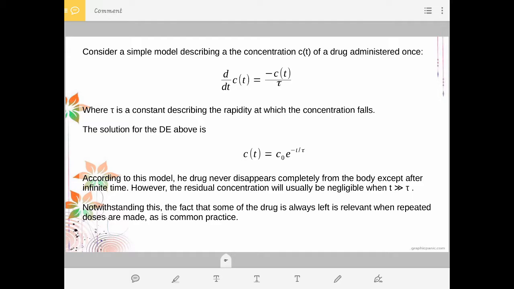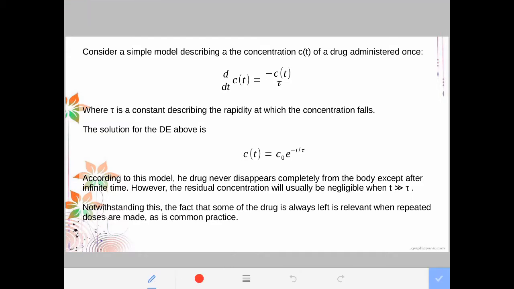To have the proportionality constant, we introduce a value of tau. We want to have the proportionality constant as a reciprocal, so 1 over tau.